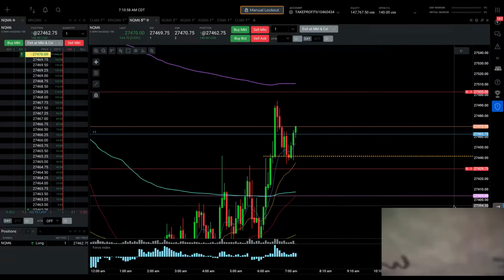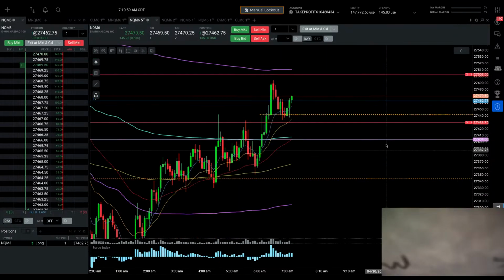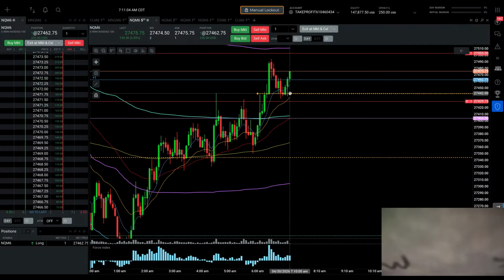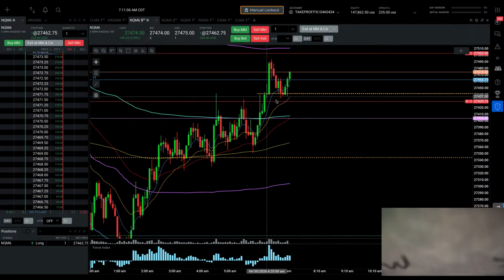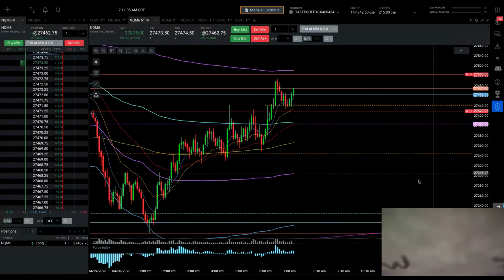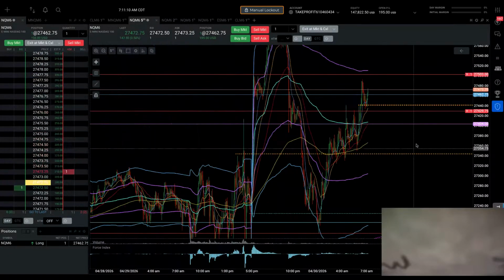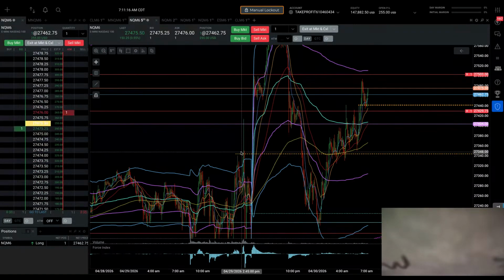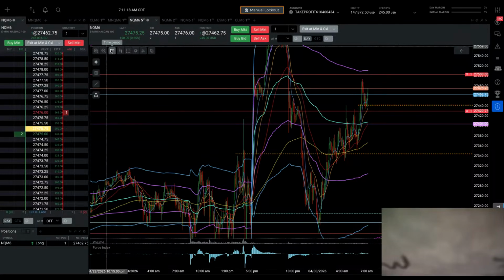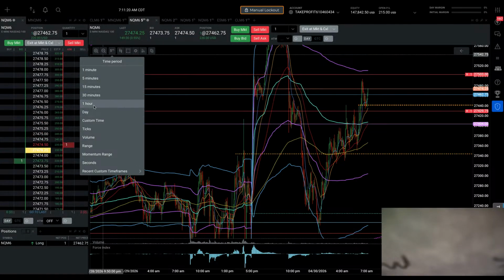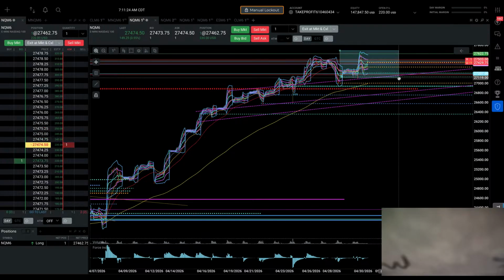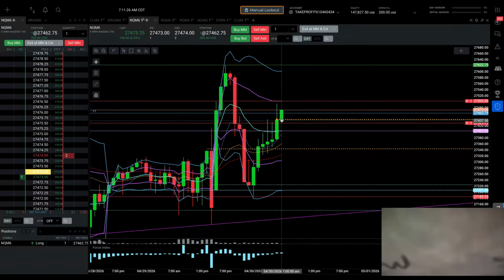Okay, check this out, bro. All right, let me explain these levels right here. These are the most important levels for today. Okay, how did I get these levels? Let me show you how. Because these two levels right here, I got it at this zone and I got it at this zone. Okay, you go to the hourly chart, and we zoom in, and this is where we get these key levels for today.